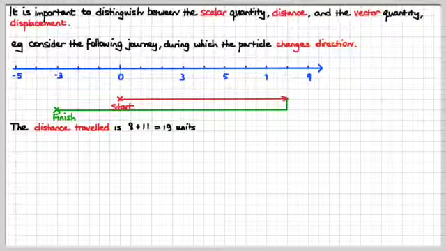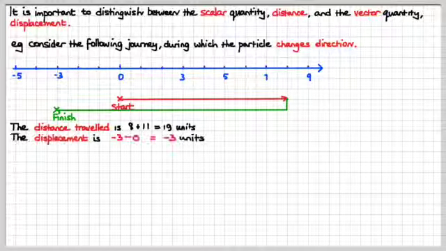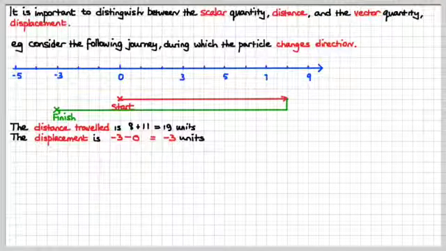So it's 8 units, don't care about right or left, plus 11 units, don't care about right or left, gives you a total of 19 units. That's what we mean by a scalar. It just has a magnitude. There's no direction anywhere considered in distance, alright? However, the displacement on the other hand is, now we've got distance and direction.